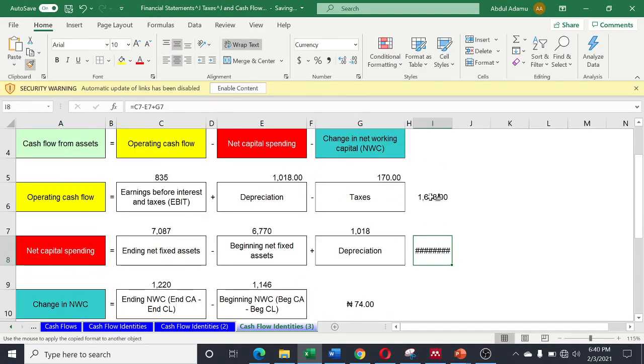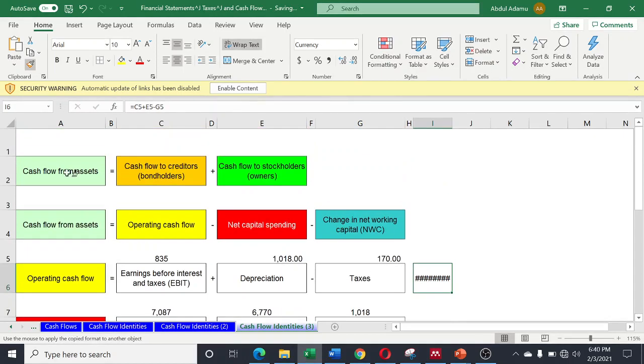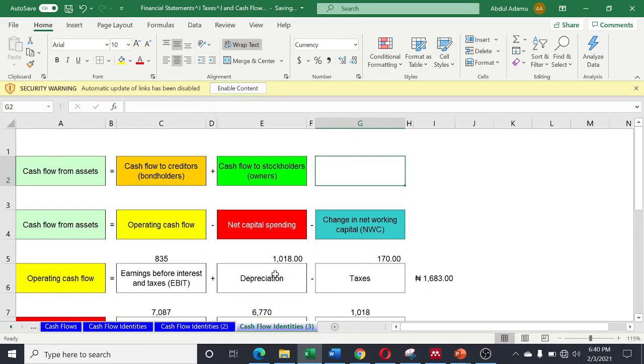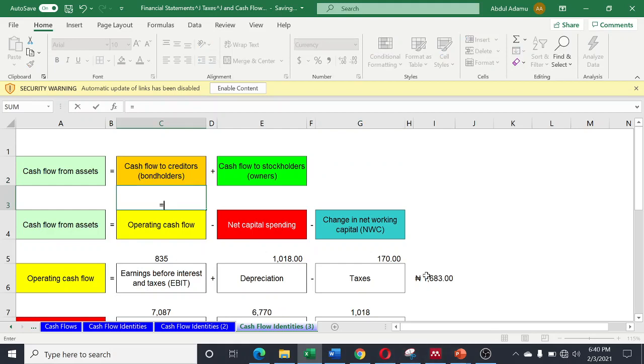Naira. Let me format this. So the value we have gotten, the value for operating cash flow is equals to this value.